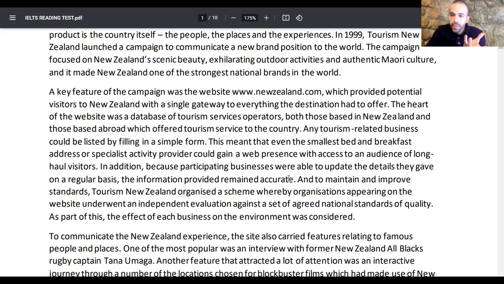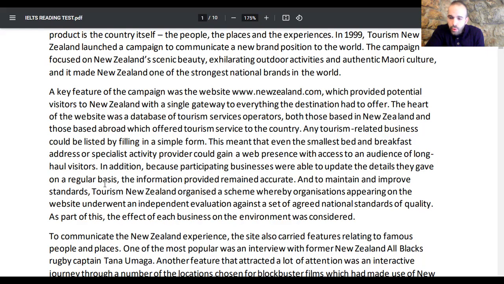When referring to the database of tourism services, the author mentions, in addition, because participating businesses were able to update the details they gave on a regular basis. So it's quite clear.